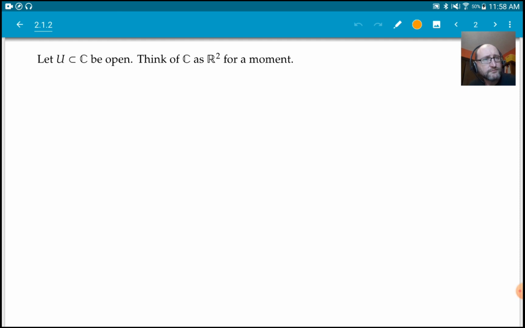So, suppose that we're in an open set in C, and we're going to think of C as R2, as we often do. As a set, they're the same, right?